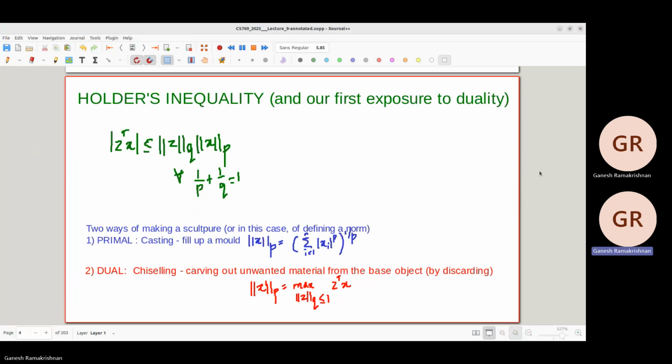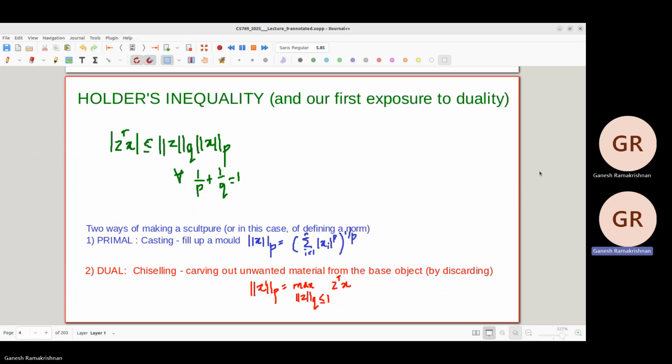So Hölder's inequality was our first exposure to duality. We can define the p norm, p greater than 1, let's say, also as the summation of absolute values of x_i raised to p, the whole raised to 1 by p.